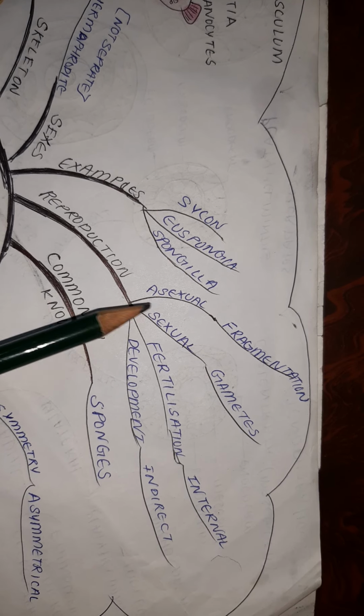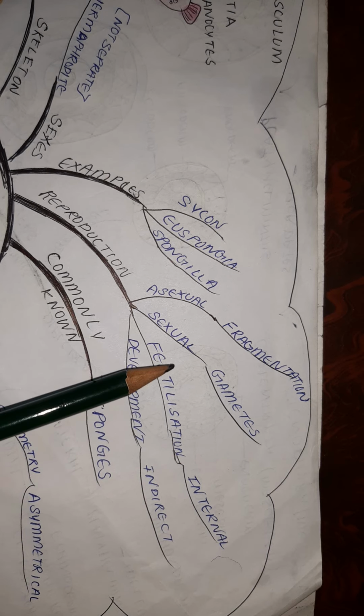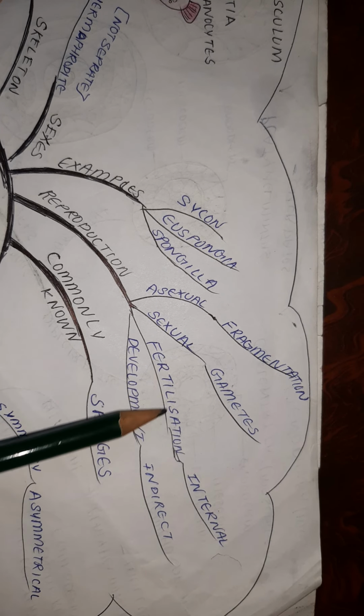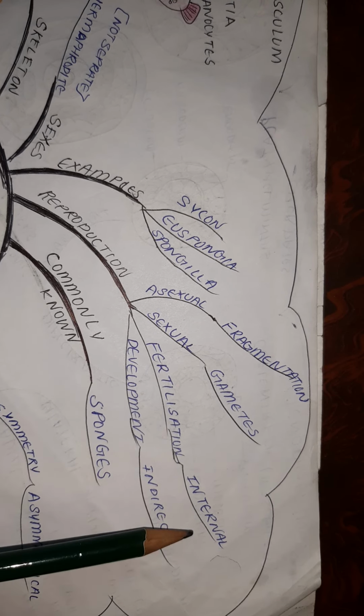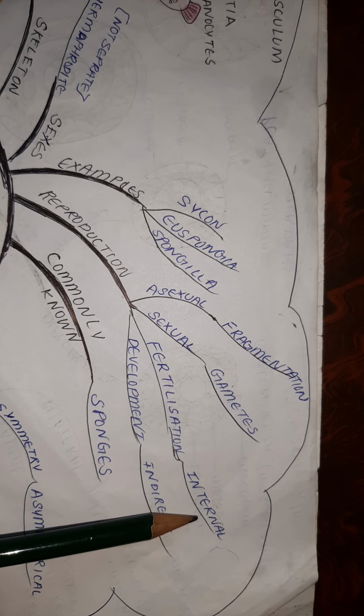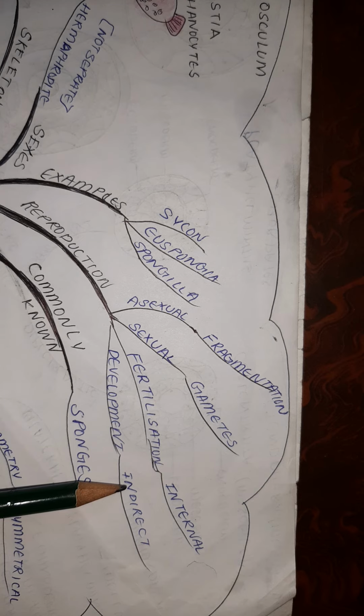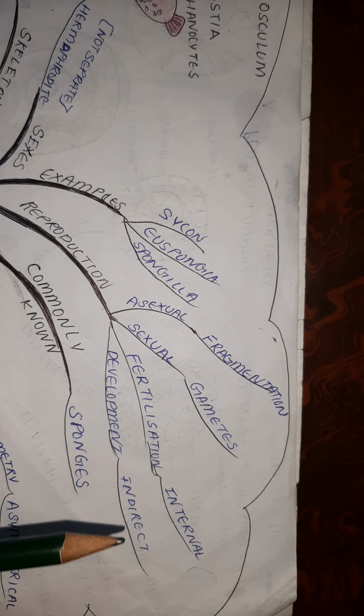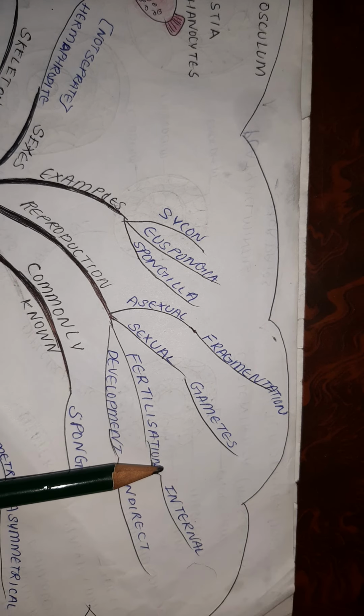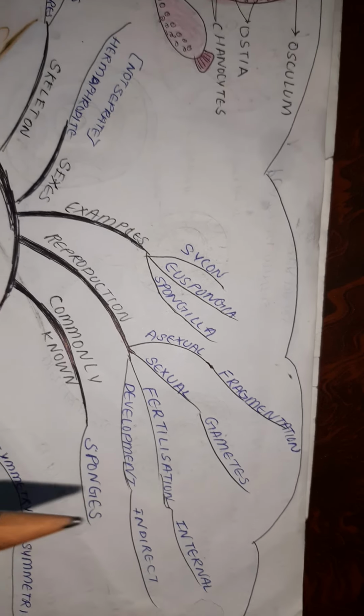If they reproduce through sexual means, they form gametes, and these gametes fuse together internally, meaning inside the body. And the development is indirect, which means there is involvement of a larva. The larval stage then develops into an adult. This all happens in sexual reproduction.